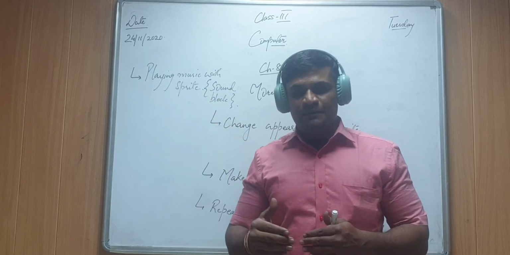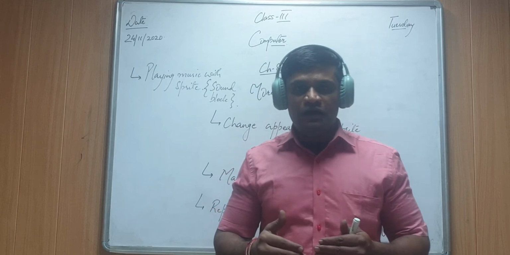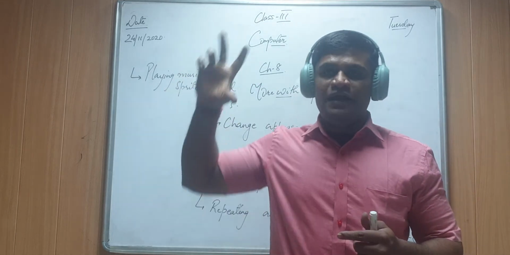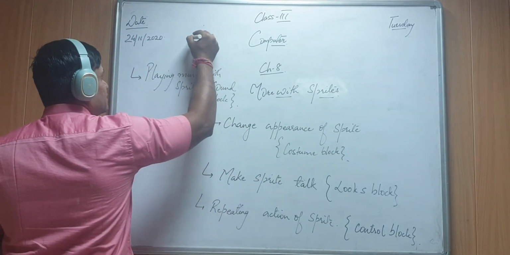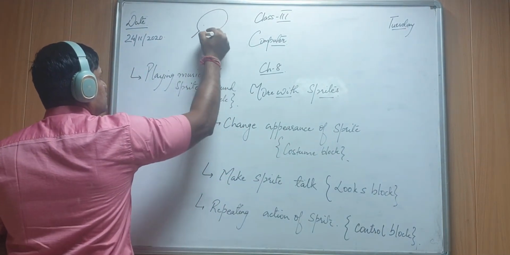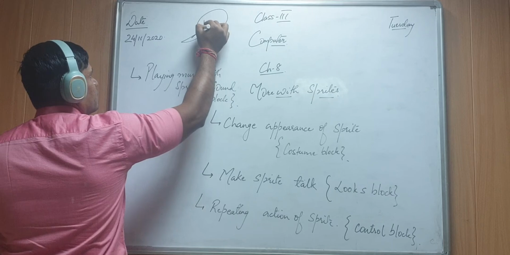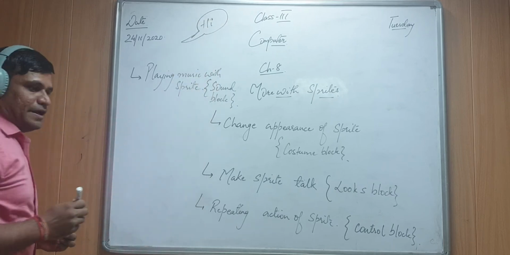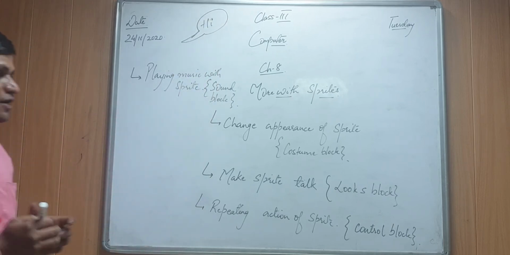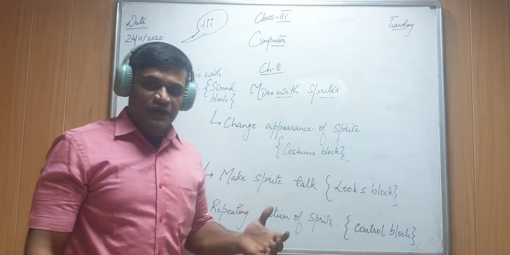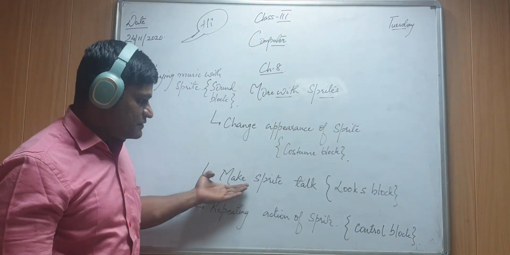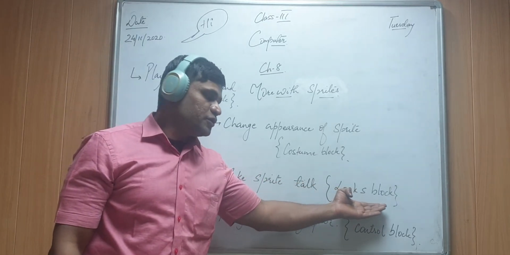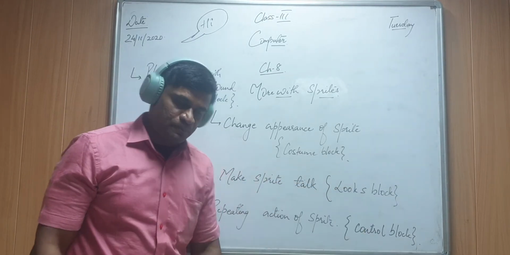After the sprite appears, it will show a dialog box at the top, something like you have seen in cartoons, and will show hi. This action we have to program by using the looks block.